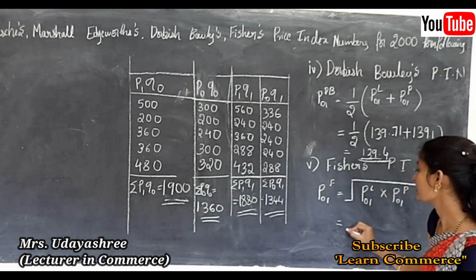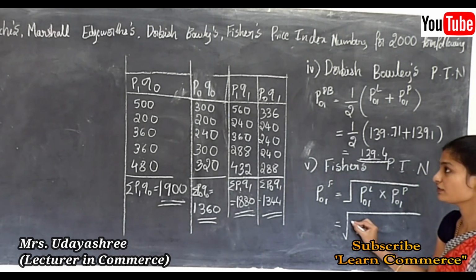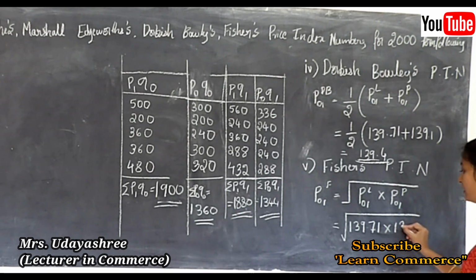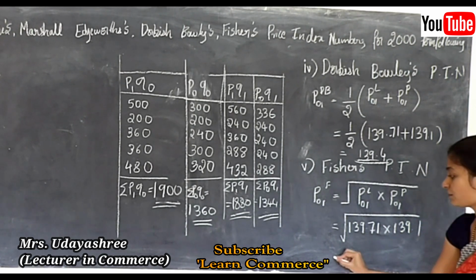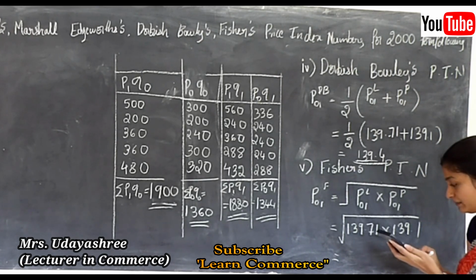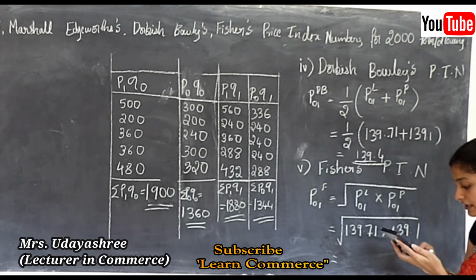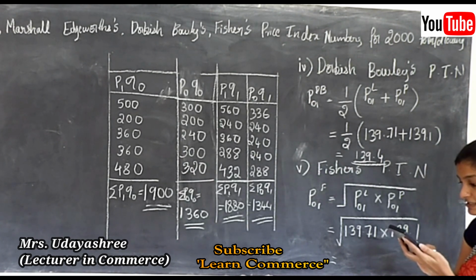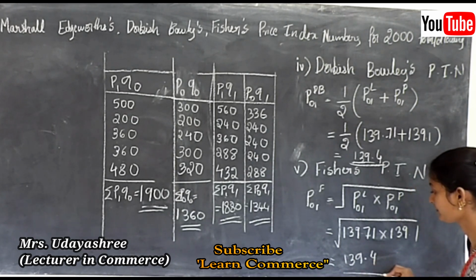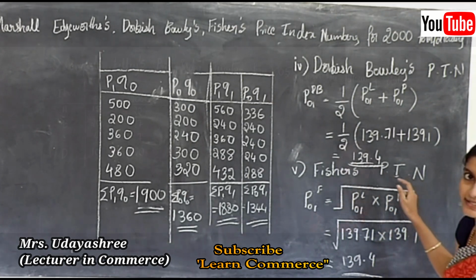Substitute these two values in the formula, that is square root of 139.71 into 139.1. Square root of this answer is 139.4. This is the calculated answer of Fisher's price index number.